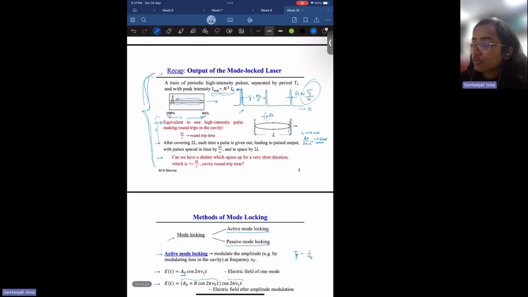To achieve this, if you recall, during one round trip a high intensity pulse is oscillating inside the medium.